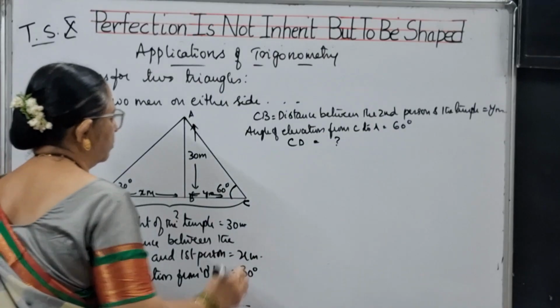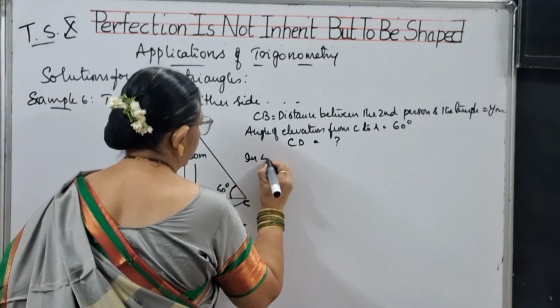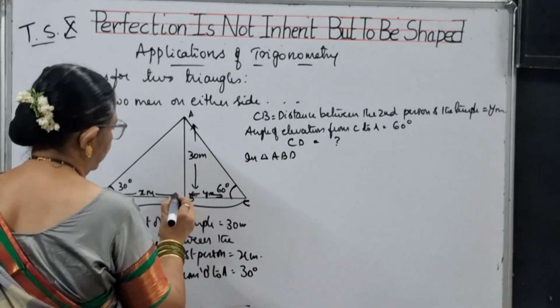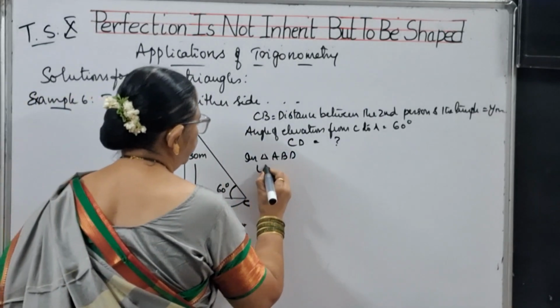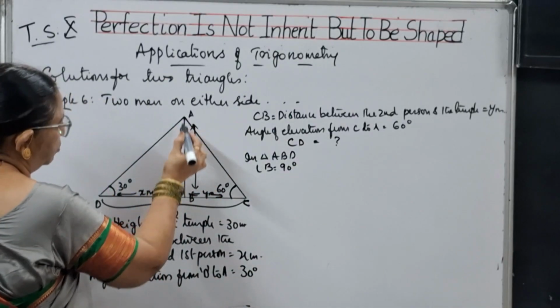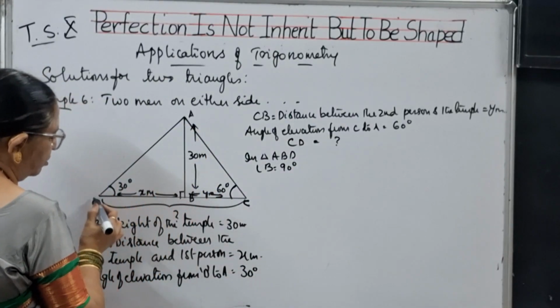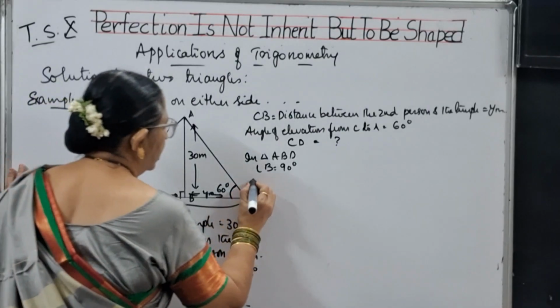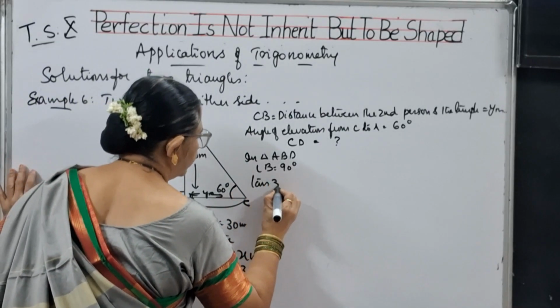So let us take first triangle ABD. In this triangle, angle B will definitely be 90 degrees. So the opposite side is given, the adjacent side we have taken. So here we will be using tan 30.